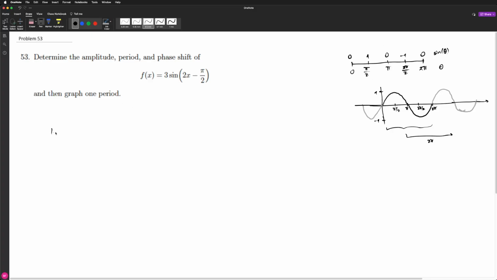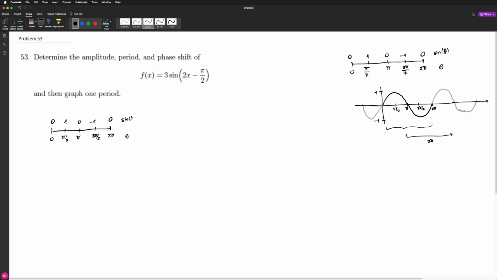So I start with those 5 points. And those 5 points horizontally are between 0 and 2 pi.